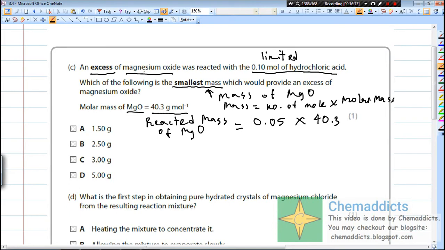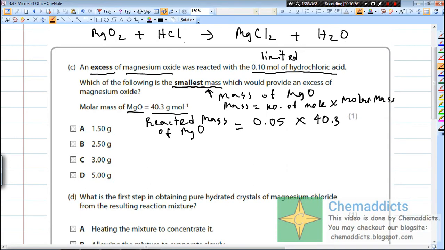Since this magnesium oxide reacted with hydrochloric acid, if you have noticed in the previous equation, the reaction is magnesium oxide reacting with HCl to give magnesium chloride plus water.